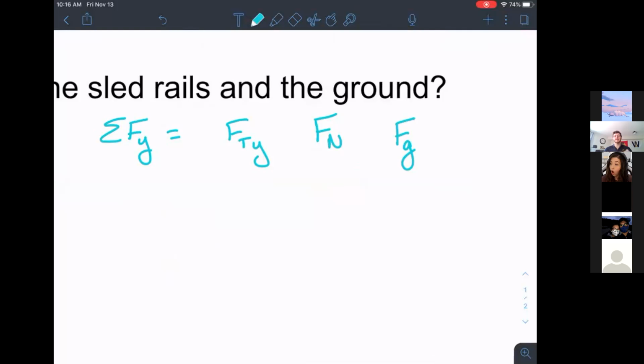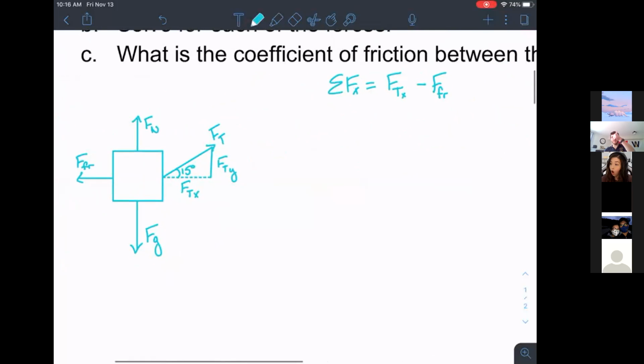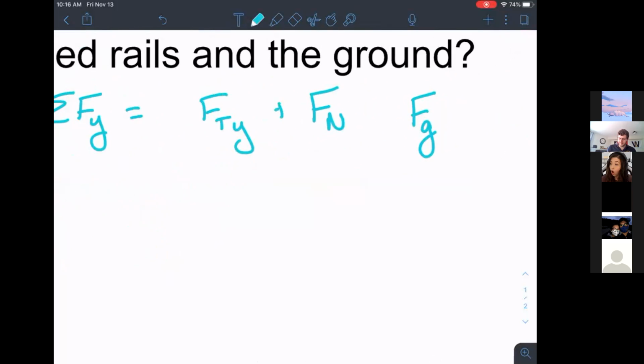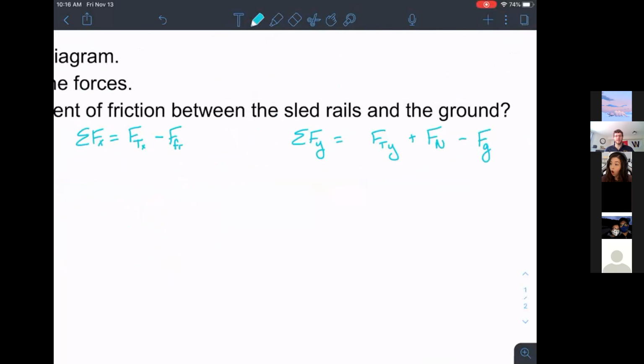Are they going to be positives or negatives? Are we adding them or subtracting them? If we're adding them, they're going up. If we're subtracting them, they're going down. F tension y and F normal, we add them and then subtract F gravity. Awesome. Perfect. Any questions so far? Is it making a little bit of sense?